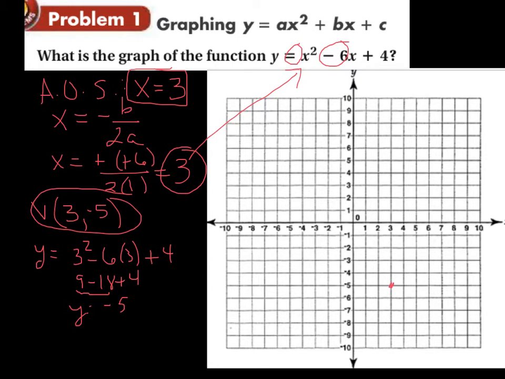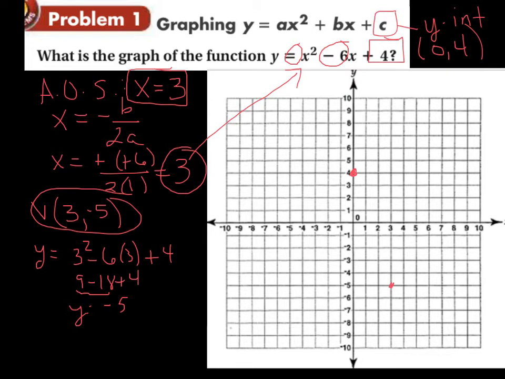Remember that our constant c is our y-intercept. So 4 means that our y-intercept will be at the point 0, 4, up here.